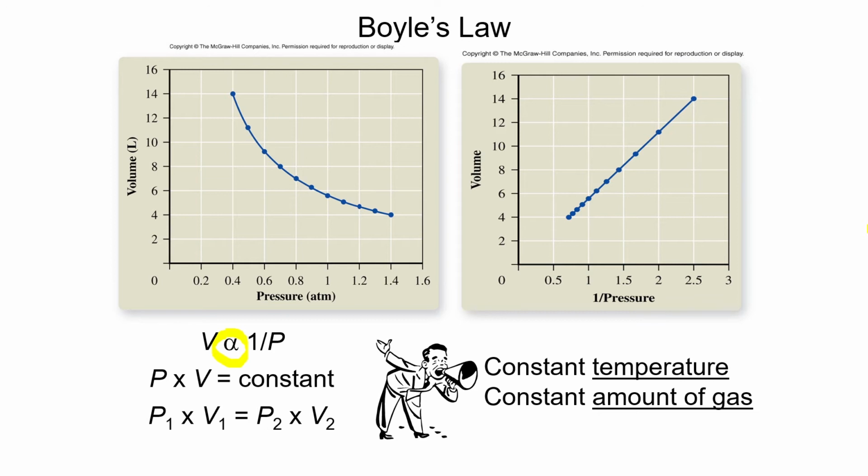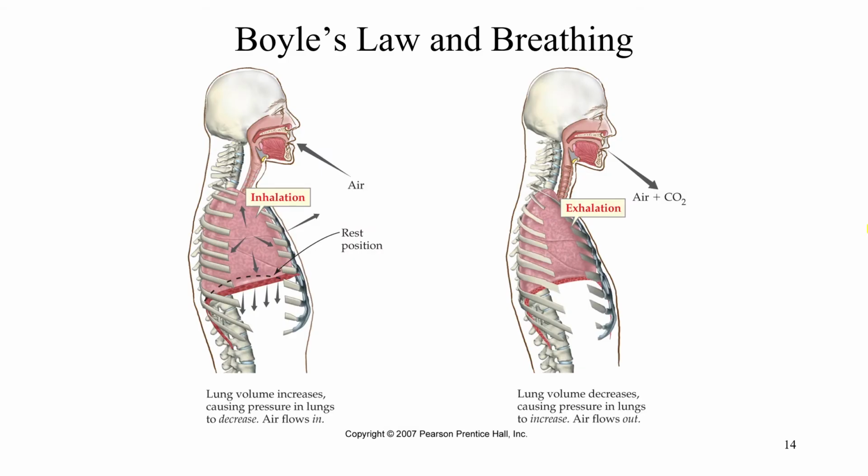Now, believe it or not, you experience Boyle's law with every breath you take. If you've taken any biology courses, you remember that in our chest we have a muscle called the diaphragm. When the diaphragm contracts, it goes from a curved form into a straight form, which means that it opens up the cavity in your chest.